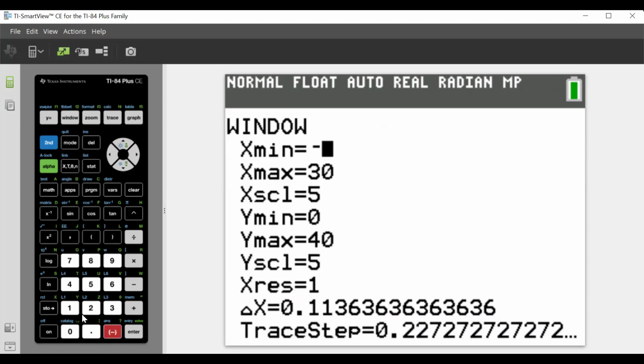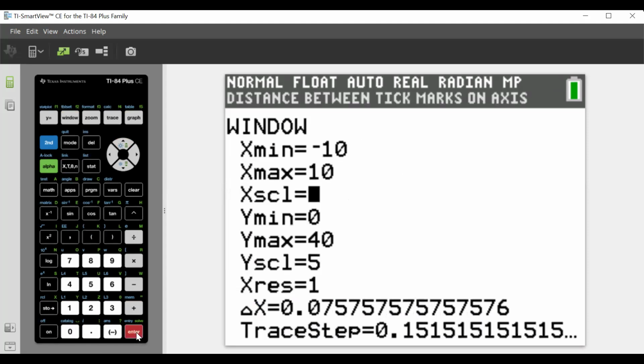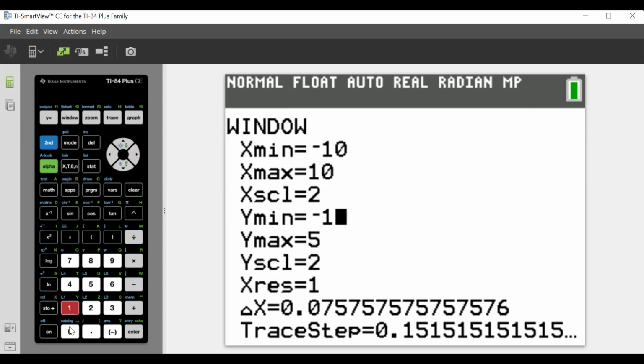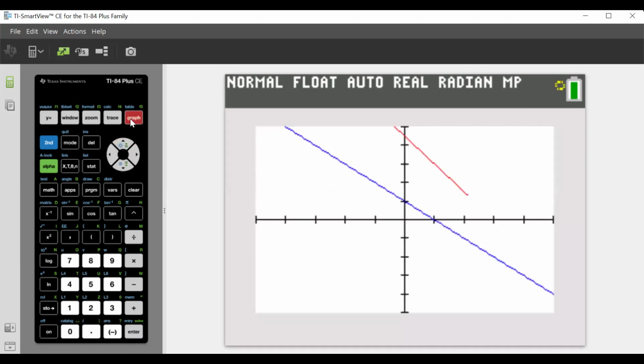Let's go from minus 10 to 10 by 5 is fine. Oh, maybe we better do 2. Oops, that's min. So let's go minus 5 to 5 by 2. I don't know. Actually, we need to go by 10. I don't know why I did 5. 10. 10. Now let's see what it looks like.